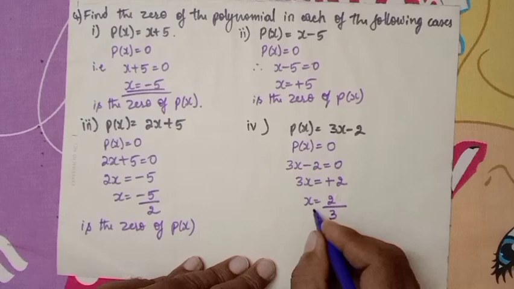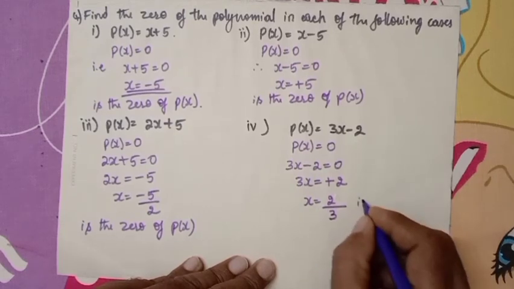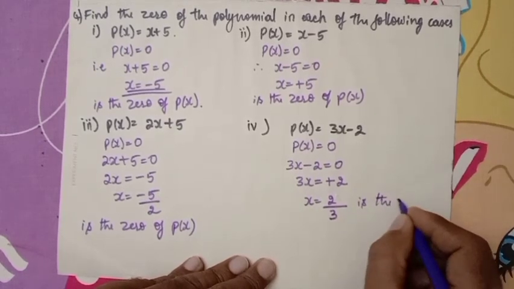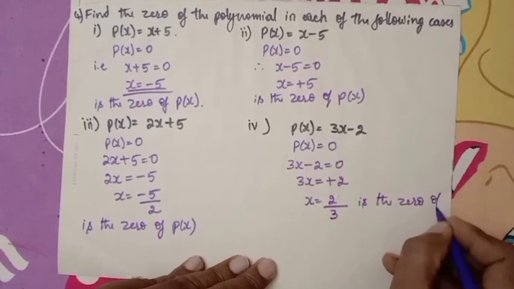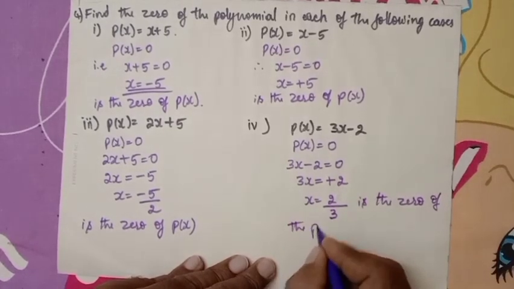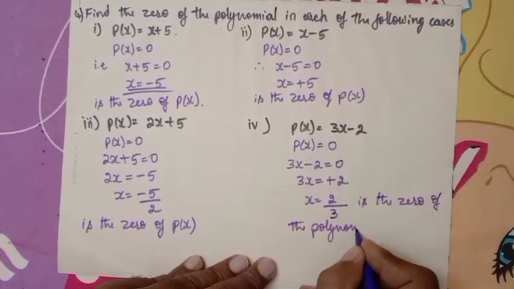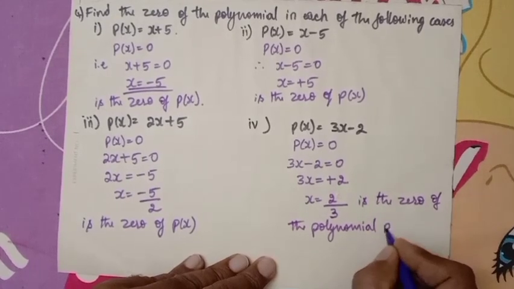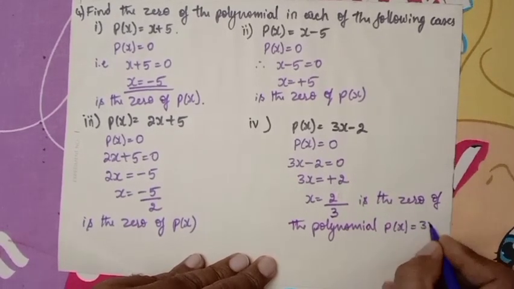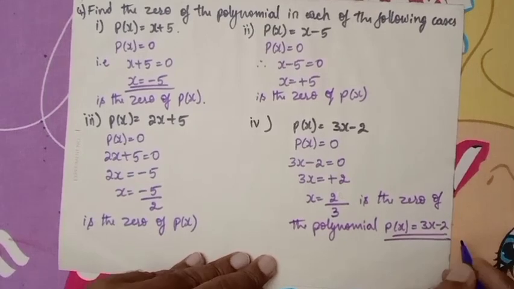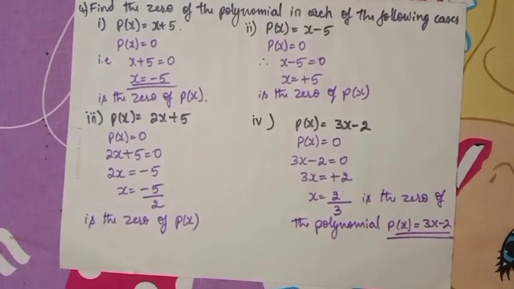So x is equal to 2 by 3 is the zero of the polynomial P of x is equal to 3x minus 2. Likewise, we can calculate the value of the zeros of all the polynomials.